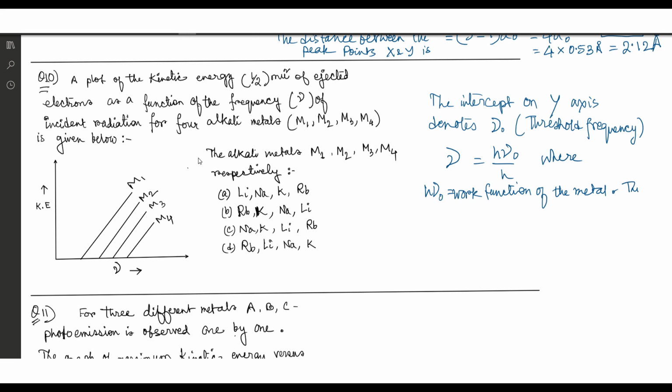Thus, greater the value of nu 0, more will be the work function of the metal.